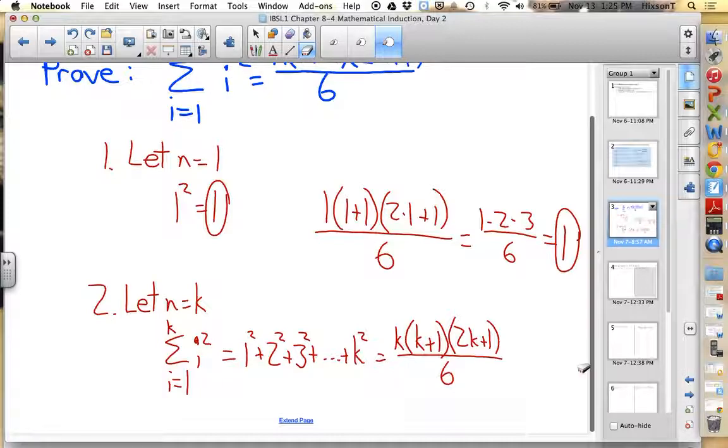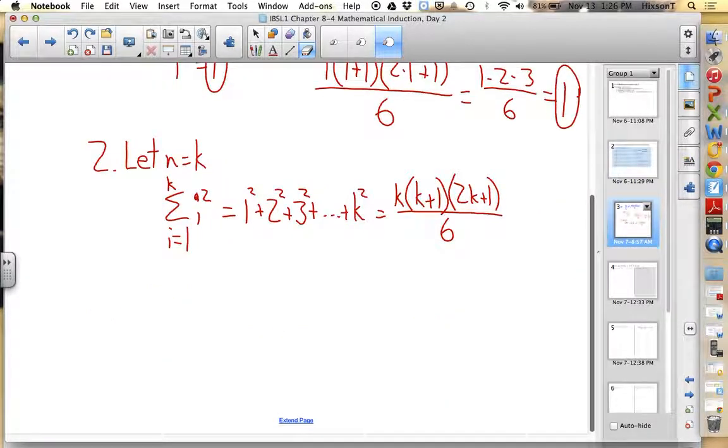That would be like the next step of what you're gonna do, yes. It's over 6, but yes. So then put a plus k plus 1 squared, because that's what you're doing in this one.